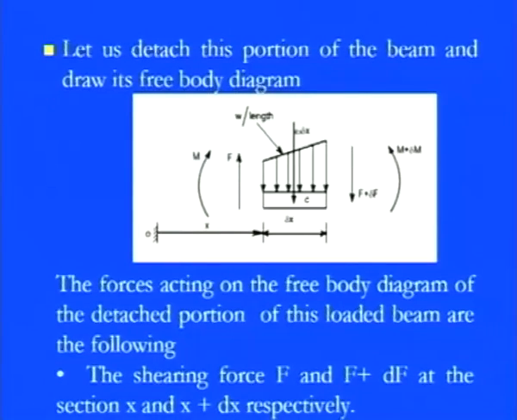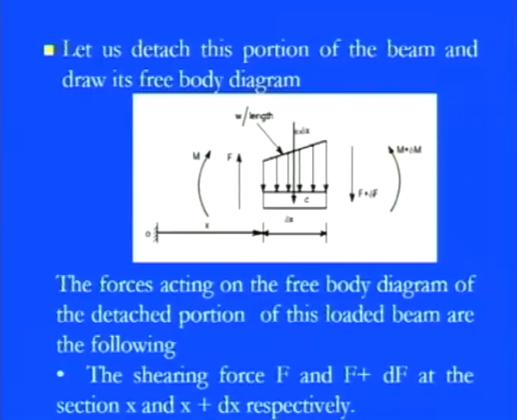Now we would like to see how the bending moment behaves. On the left-hand side, the load is coming here and the reaction forces are going in this direction, so they have a tendency to bend the beam in the clockwise direction.